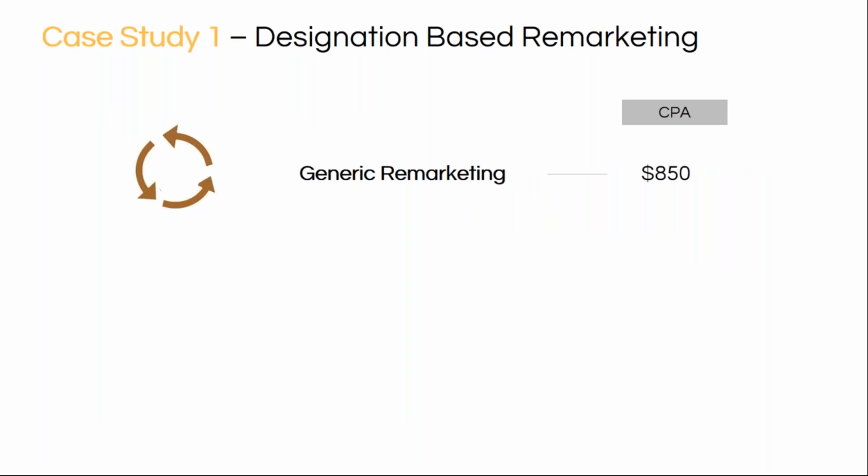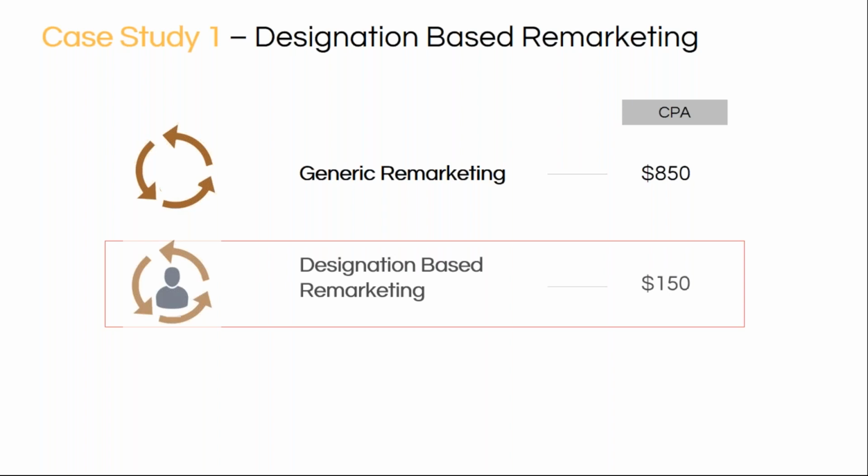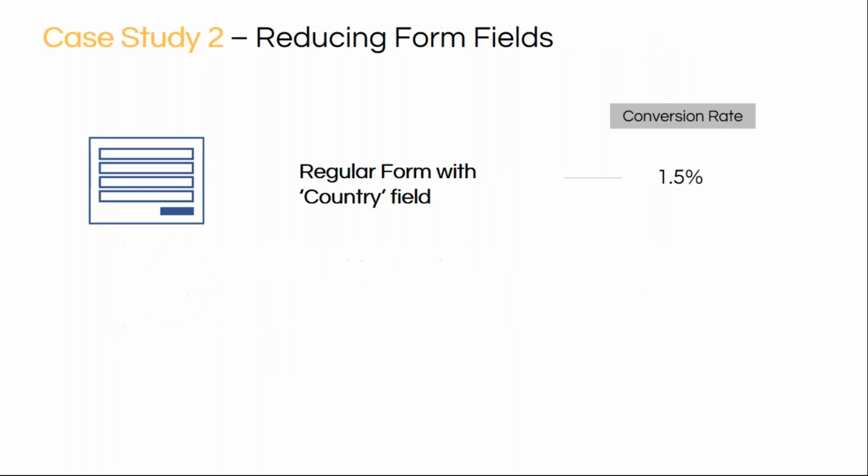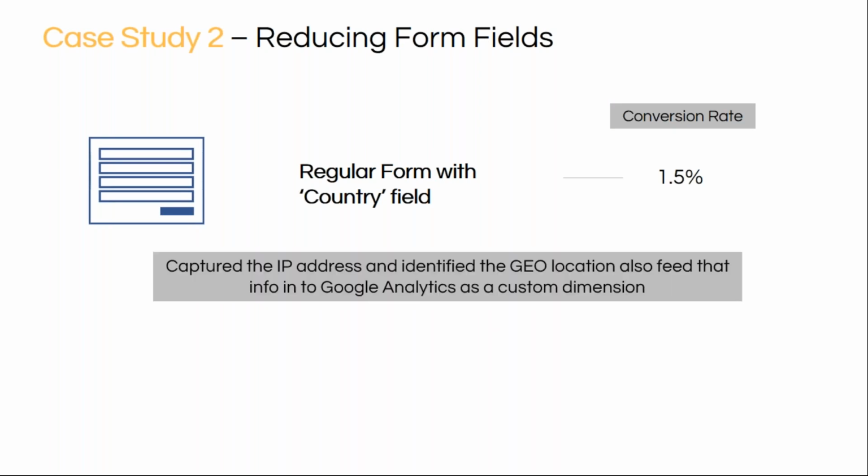We have a real case study where we were able to improve overall remarketing CPA by triggering a very personalized, designation based remarketing campaign, where we decreased the average CPA by 82%. Another example of optimizing the form fields: let's say we have a field where each user has to fill in their country.